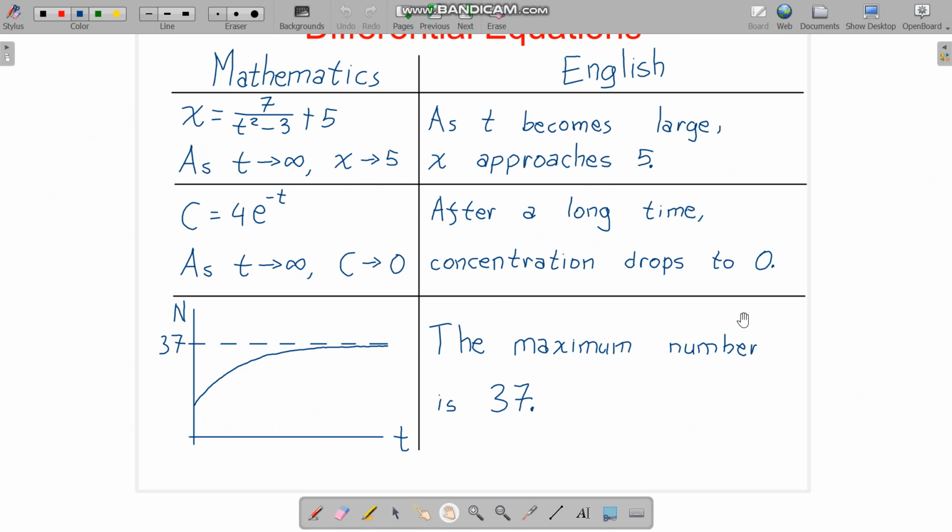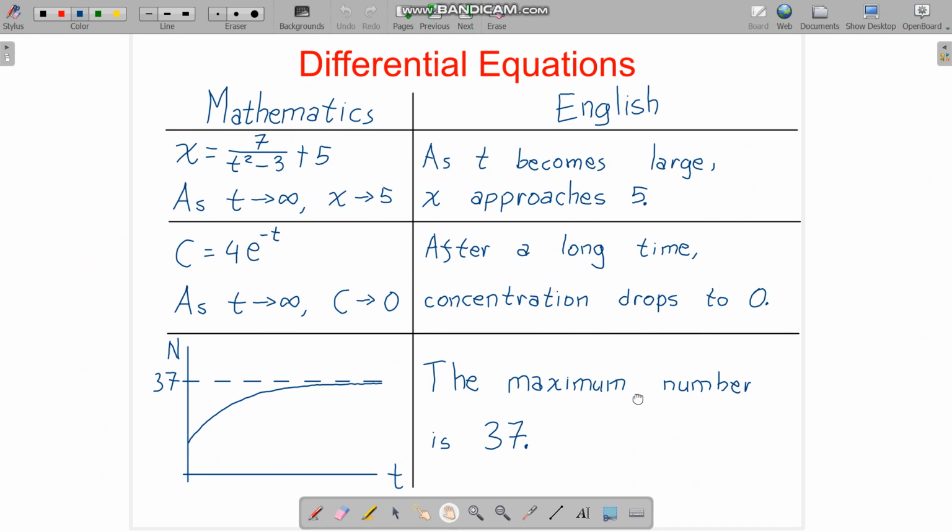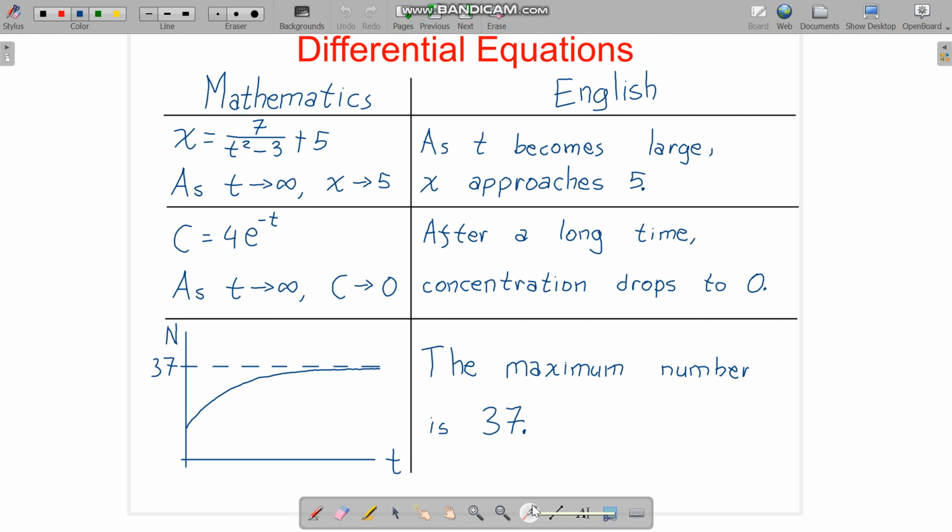Alright, now we are translating the maths into English. Let's say we have this result from the differential equations, and we know that as t approaches infinity, x approaches 5. So this means as t becomes large, the x approaches 5. And here if we plug in t equals infinity, e to the power of minus infinity is just 0, or just use your calculator, replace this t with something big like 1000 or 999.